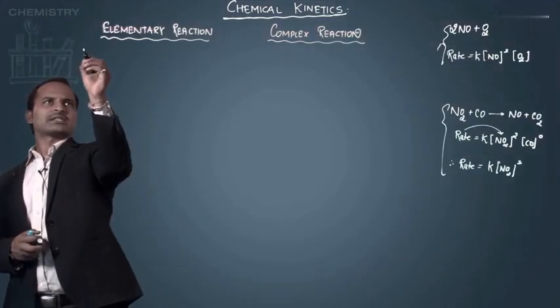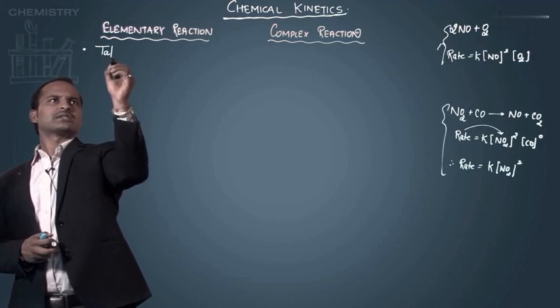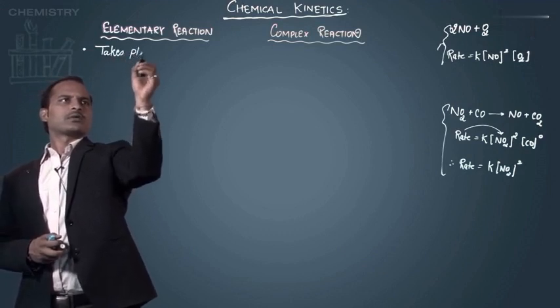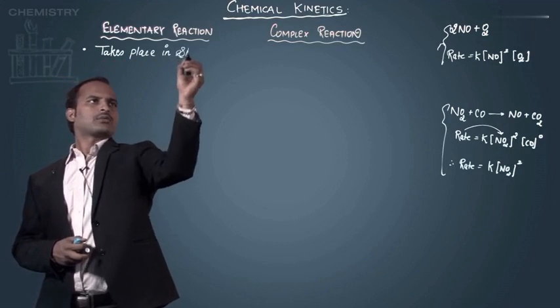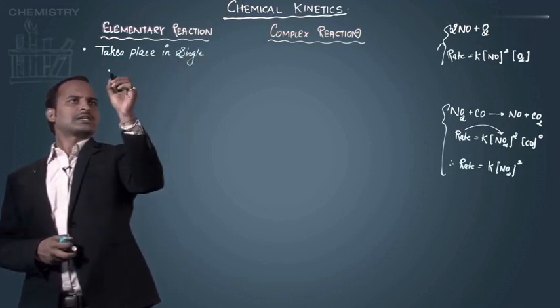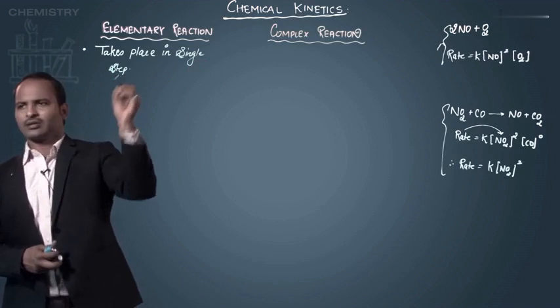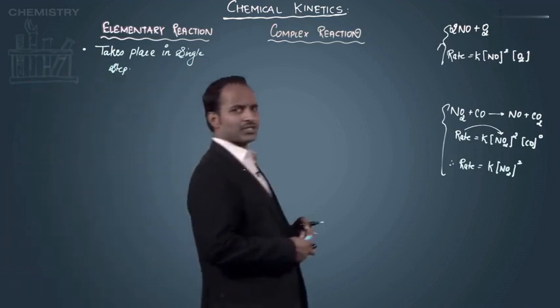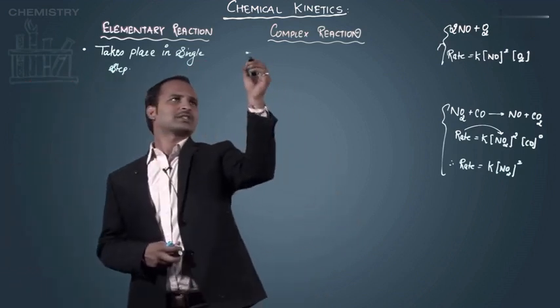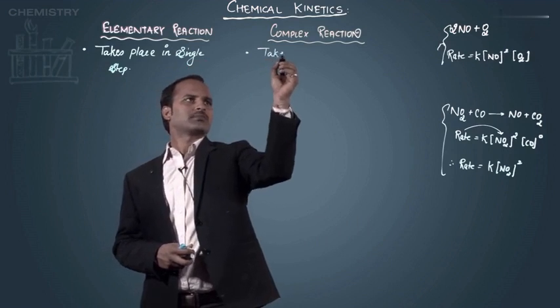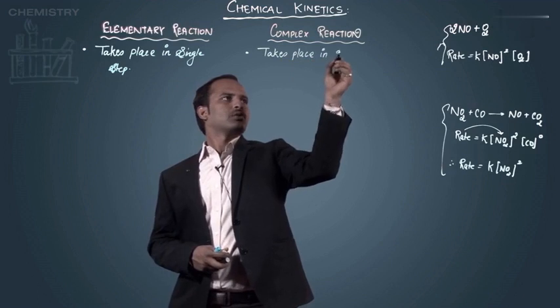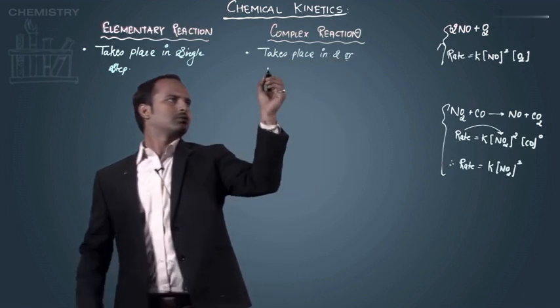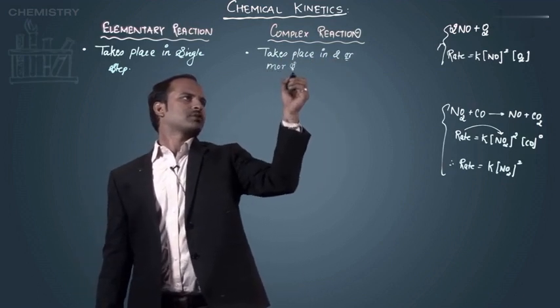Elementary reactions are the reactions which take place in only a single step. Means these are single step reactions; the reaction gets completed in one step, while complex reactions take place in two or more steps.